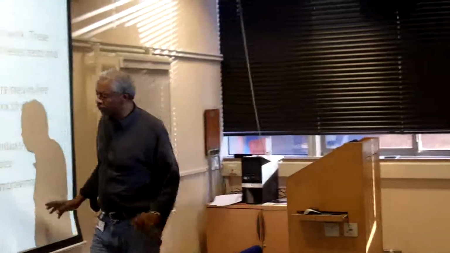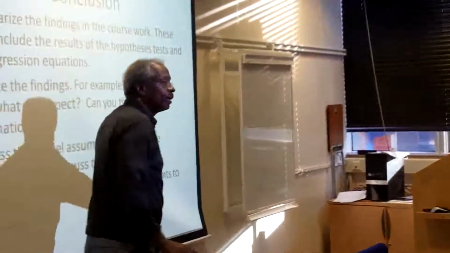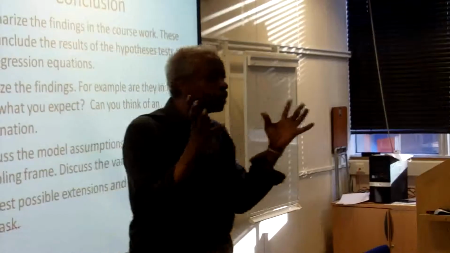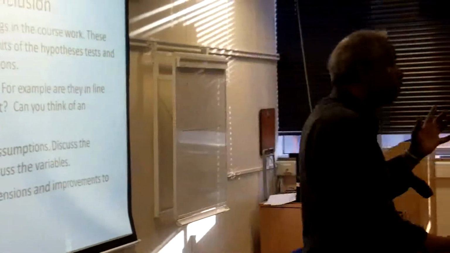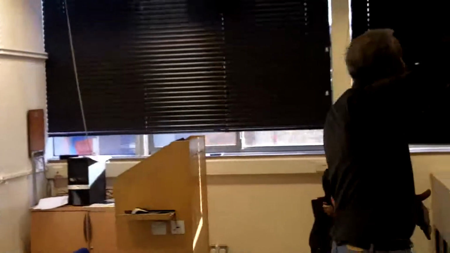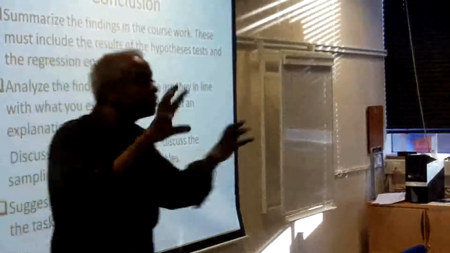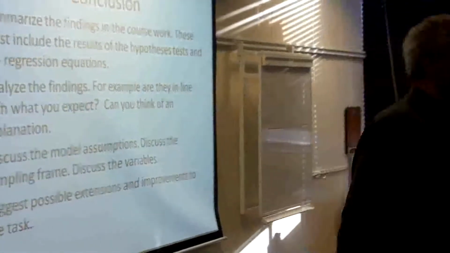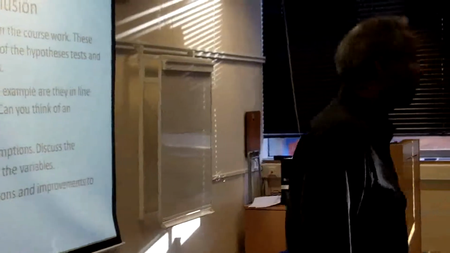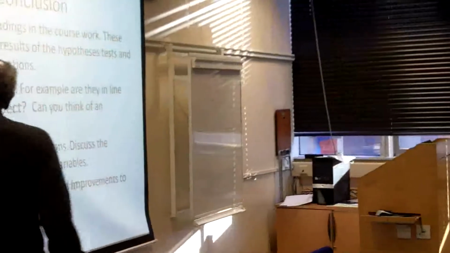You can also suggest improvements, like posing the question: is the sampling frame enough? Shall I increase the sampling frame? Shall I increase the sample itself, and so on? Shall I use multiple regression? There are various things you can do. And that is 6 marks.